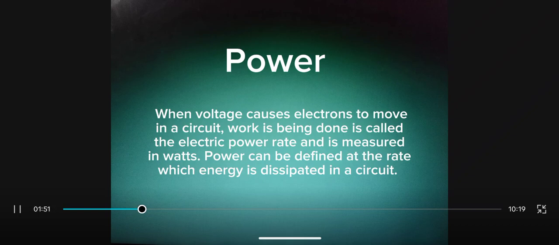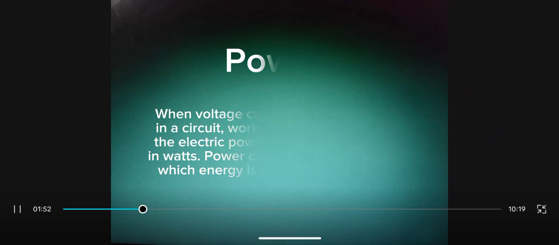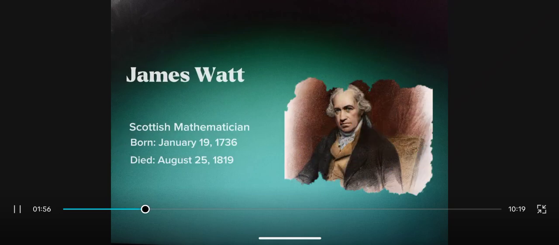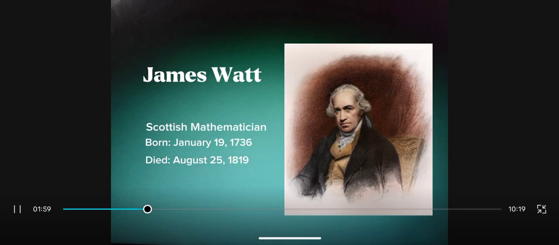So now let's have the person who invented power, coming from the name James Watt, Scottish mathematician born on January 19, 1736, died August 25, 1819. So he is the genius one who also discovered or invented the steam engine before.